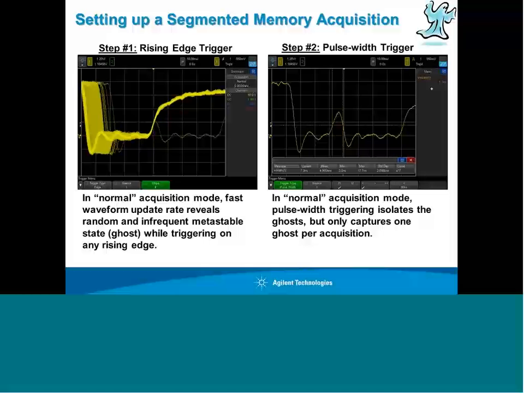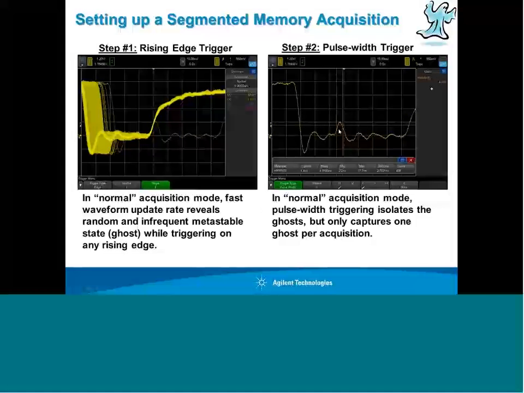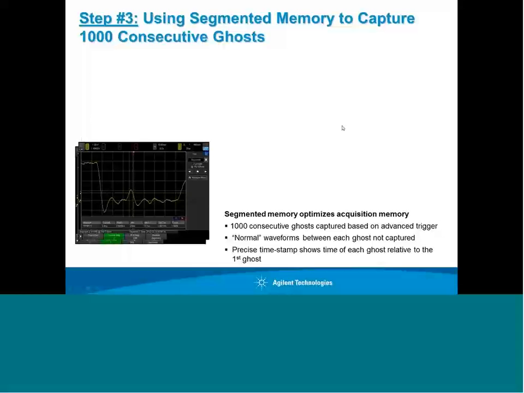Step 2 would be to set up the scope to uniquely trigger on that condition, which we can do using the scope's advanced parametric triggering. Down here in the bottom I've set it up to trigger on a positive pulse width if it's less than 50 nanoseconds. So now the scope on the right is only triggering on these narrow pulses at center screen.